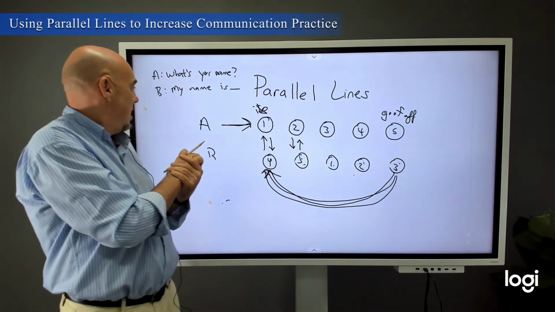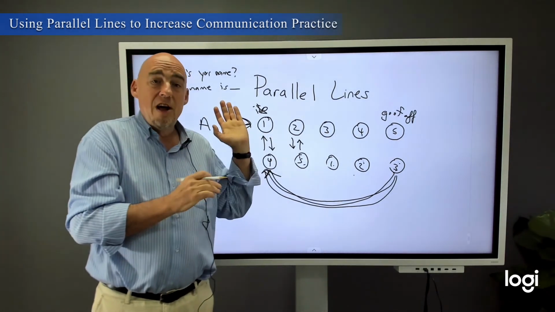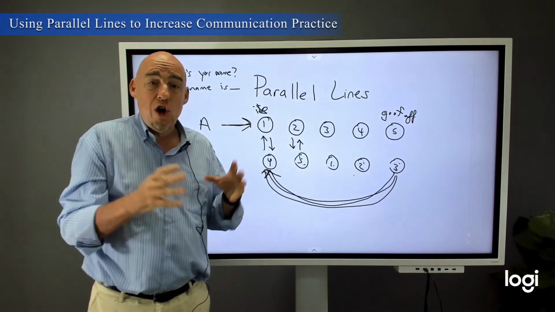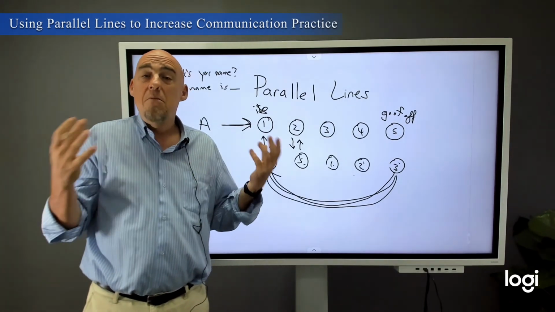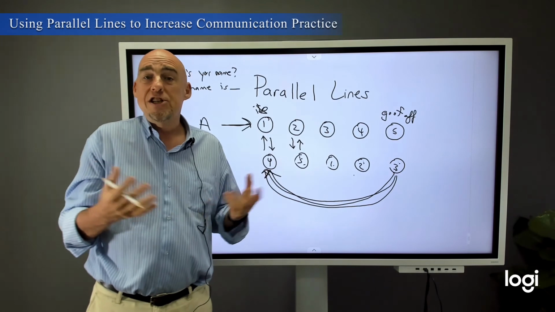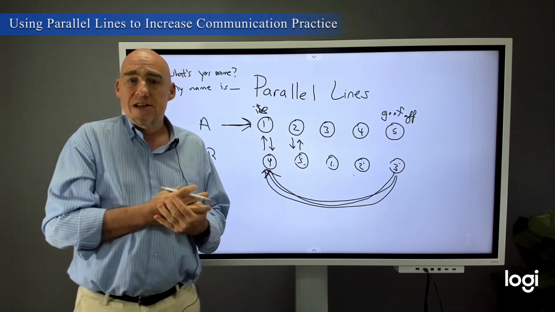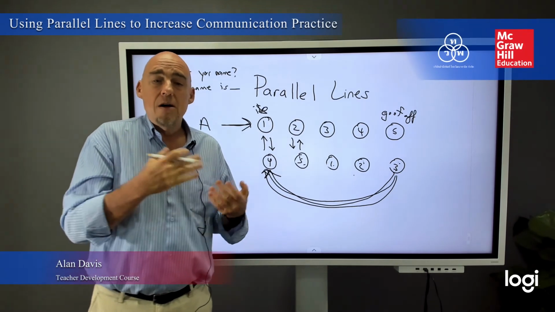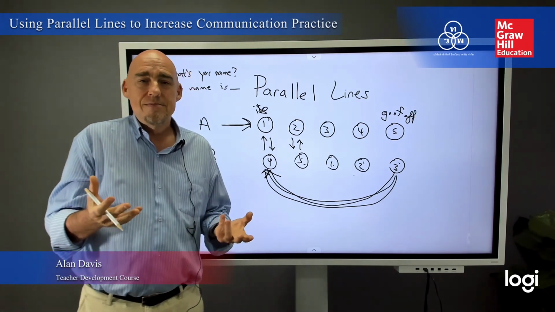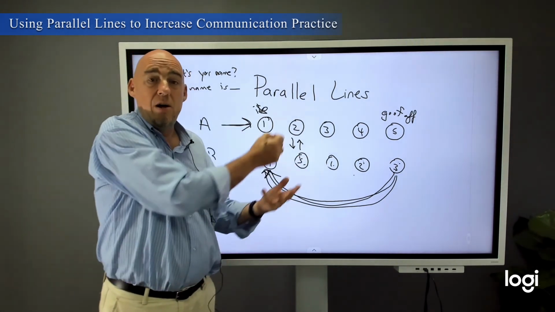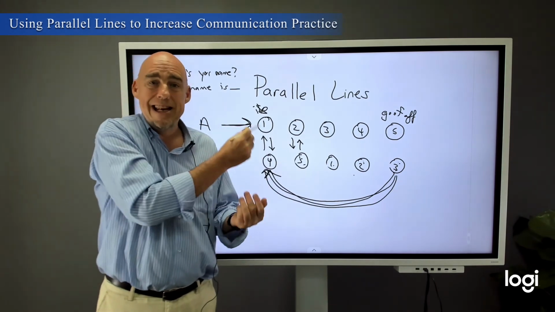So, like I said, this can be done for very controlled activity, but also for a more open activity. So if you're teaching an advanced class, you can just give them a topic. So, talk about the weather. And then they have to come up with their own mini dialogue.